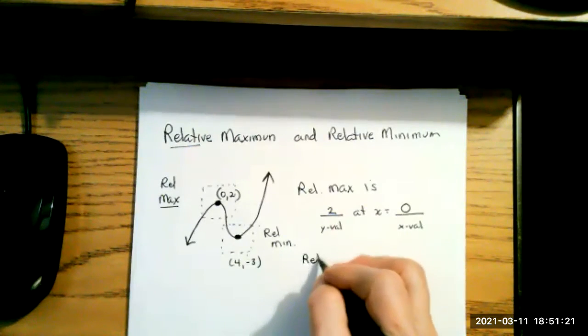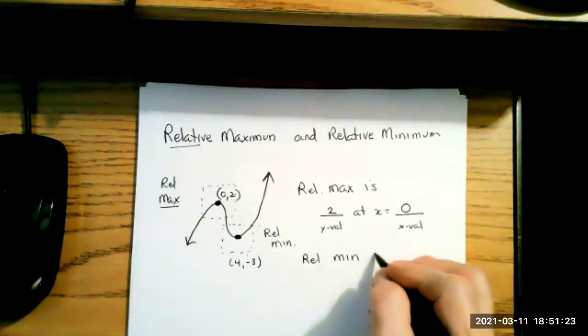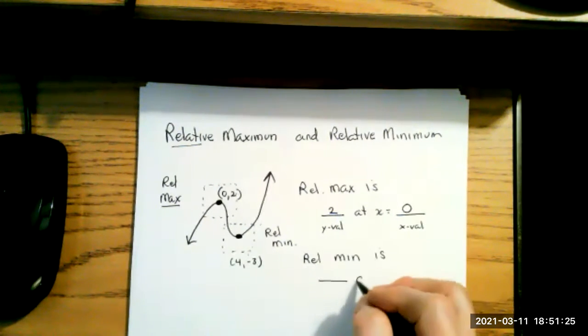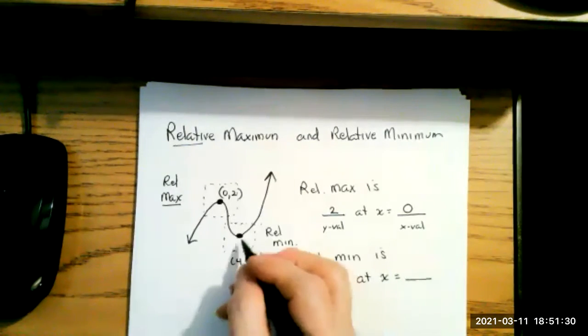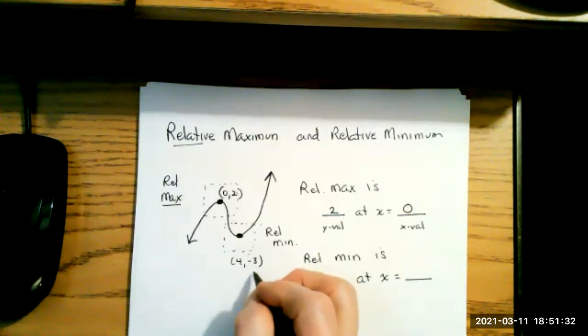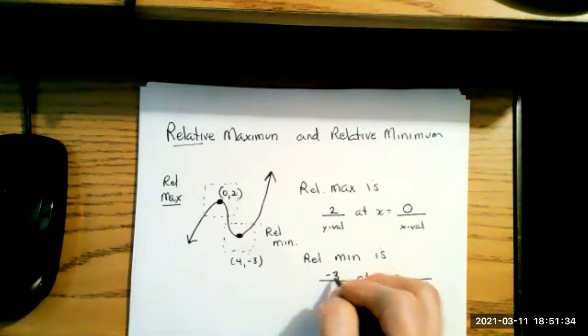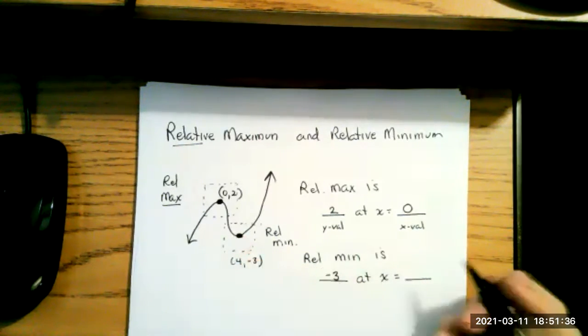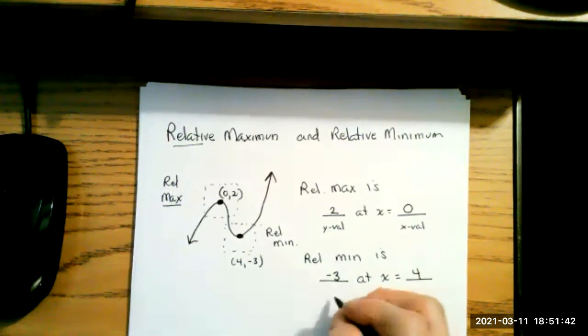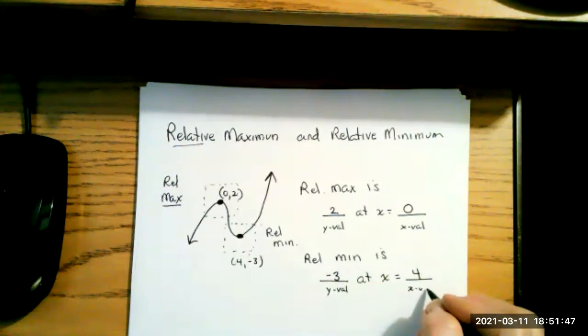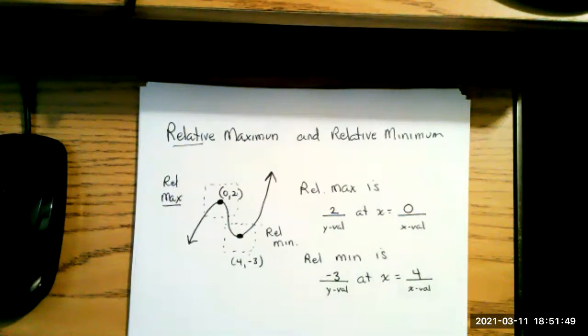The relative min is blank at x equals blank. Well, here's my min. My relative min is -3. That's that lowest value there, where x is 4. See how you fill in those blanks? This first one is the y value. The second one is the x value of that minimum value.